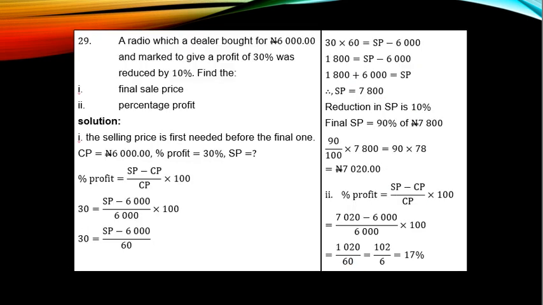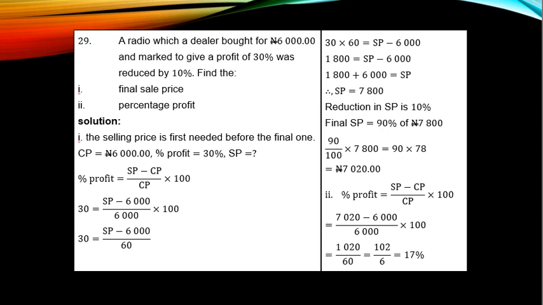Example 28. A radio which a dealer bought for 6,000 naira and marked to give a profit of 30% was reduced by 10. Find the final sale price and the percentage profit.